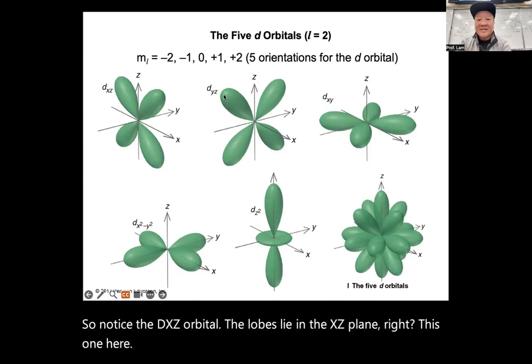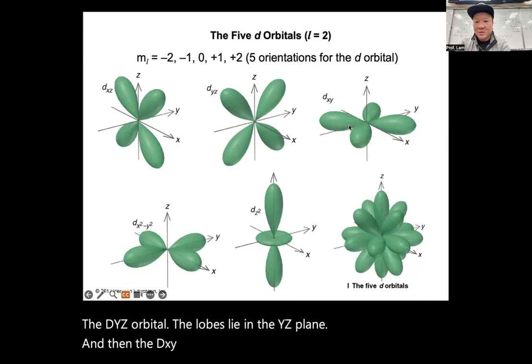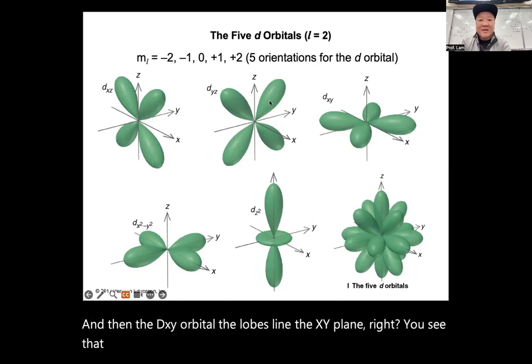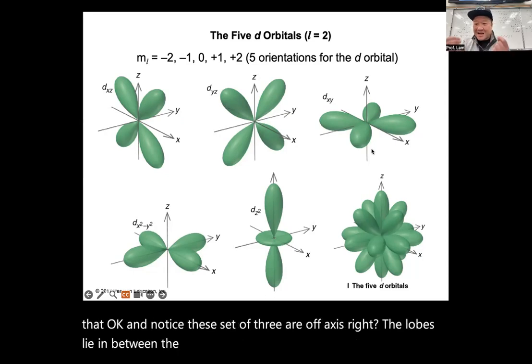The dyz orbital, the lobes lie in the yz plane. And then the dxy orbital, the lobes lie in the xy plane. You see that? And notice, this set of 3 are off axis. The lobes lie in between the axes. So that's how I remember them.